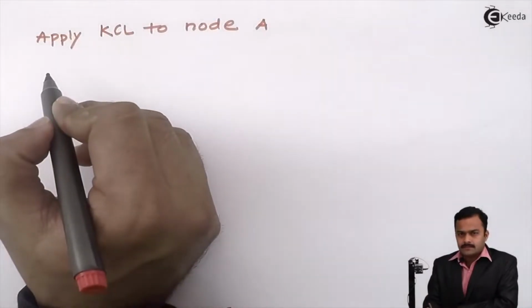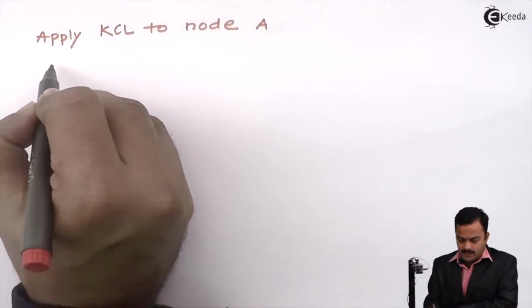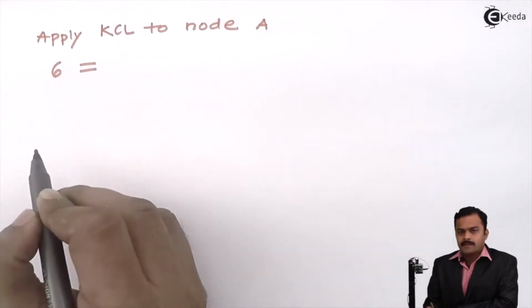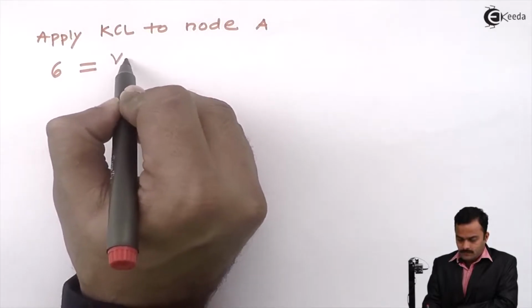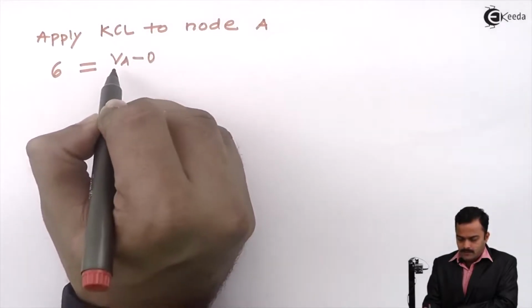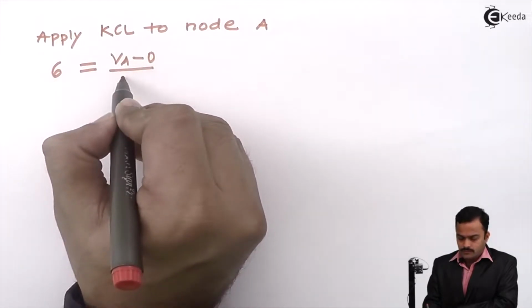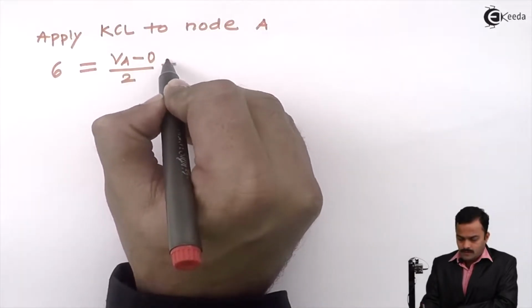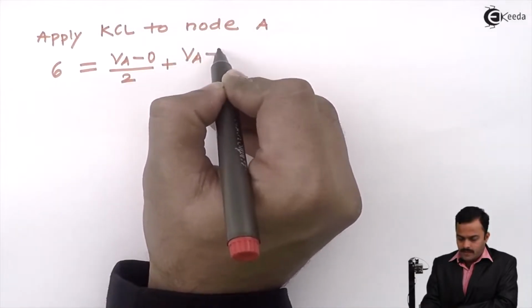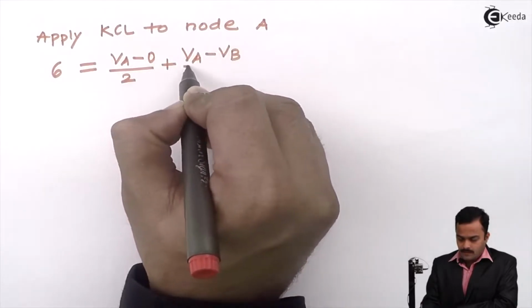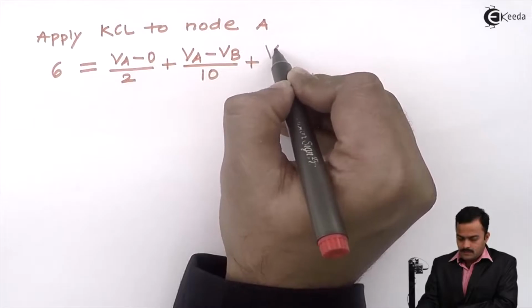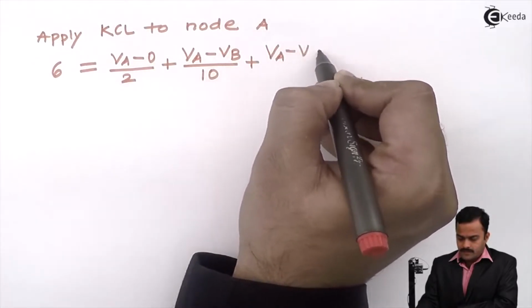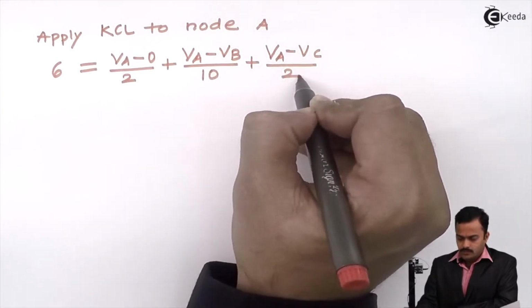Out of that, one incoming current, that is 6 ampere, and the remaining 3 branches are outgoing. So I'll write the equation (VA minus 0)/2 plus (VA minus VB)/10 plus (VA minus VC)/2.